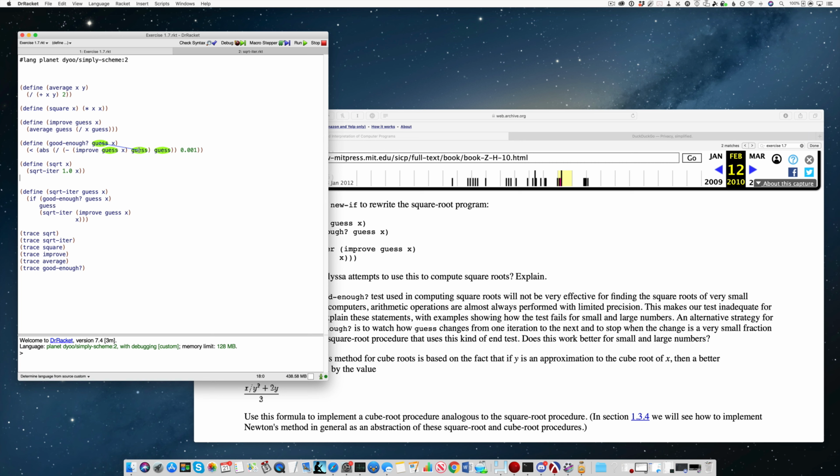So you've got the first guess and then the second guess, and you can deal with those. And mathematically, what I think you want to do is figure out the improved guess.